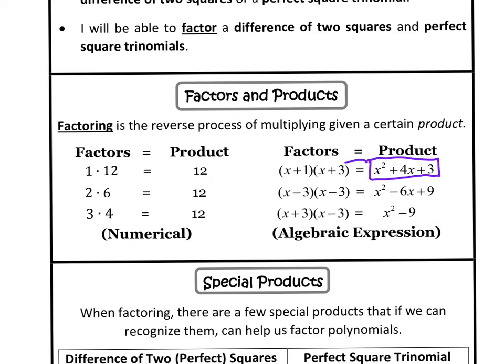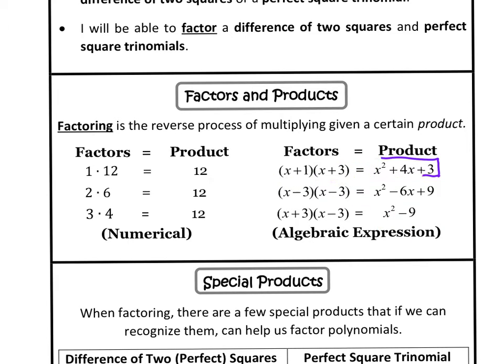And if I can, then these two items here are my factors. Since it's made up of three terms, this is called a trinomial. The prefix tri means three, right? So there's three terms, trinomial. This one also is a trinomial. And if there are two terms, it's called a binomial.